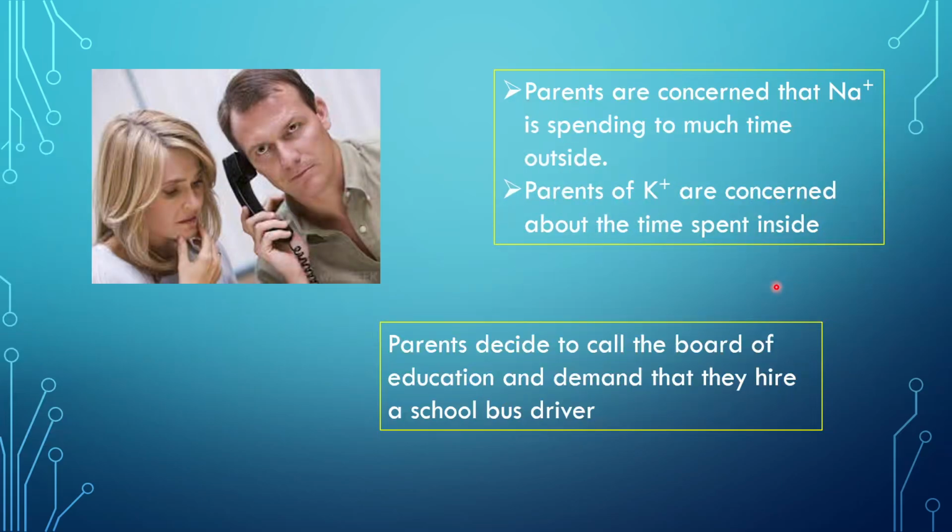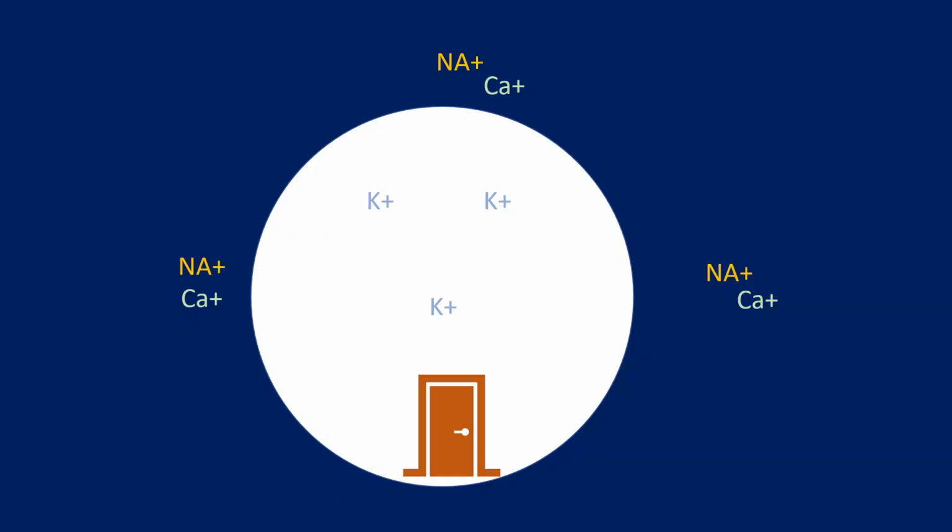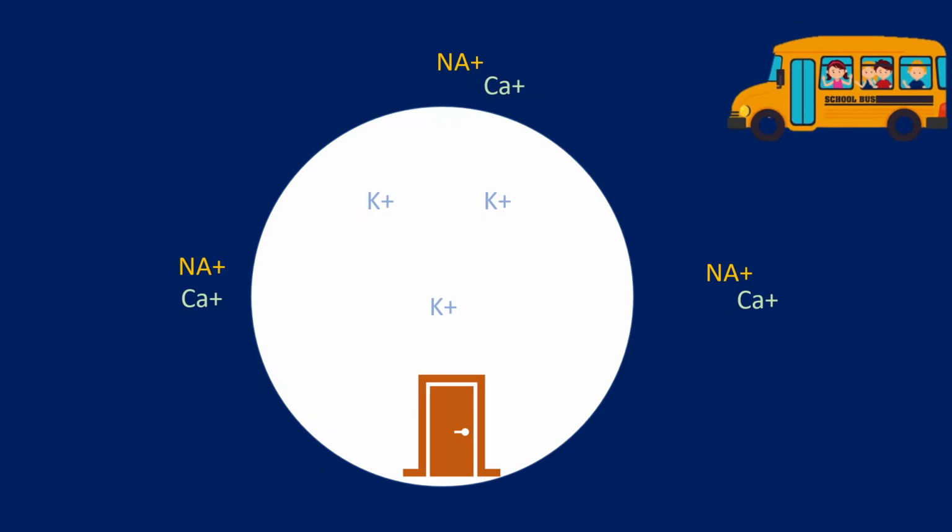And so all these parents decide to call the Board of Education, and they demand that they hire a school bus driver. All right, so government worker. The school bus driver is a government worker. He doesn't have a strong ethic. He does exactly what he's hired to do. He does not make anyone do anything and will not do anything extra.